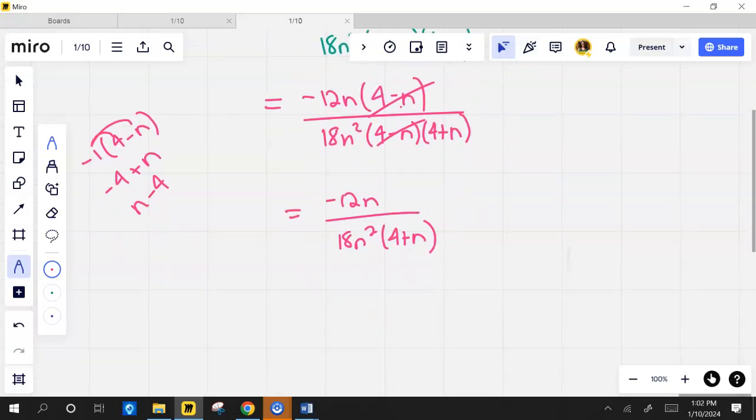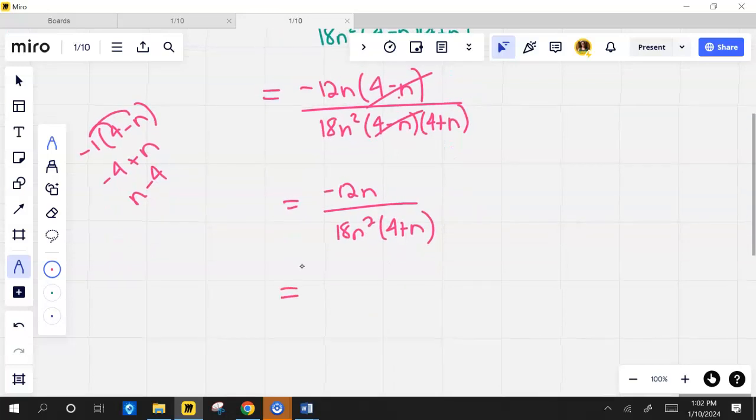What do you get? 2/3. So now I've got negative 2n over, and I realize that I'm taking way more steps than what I have to, but I want you to see where everything's coming from as I go.